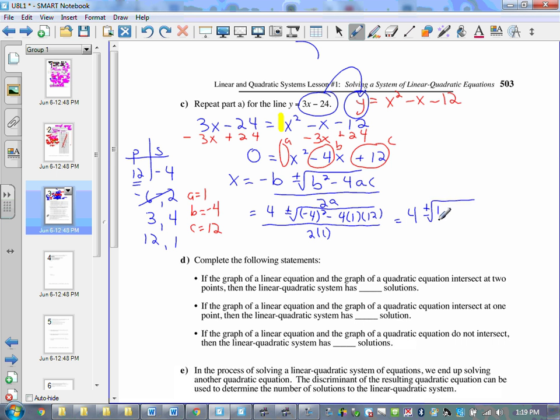That's 4 plus or minus the square root of 16 minus 48, all over 2, which is 4 plus or minus the square root of -32 over 2.